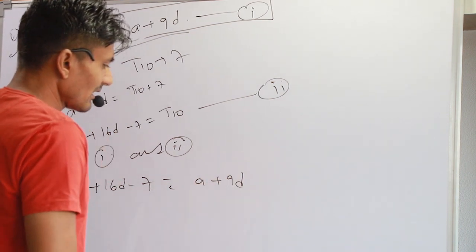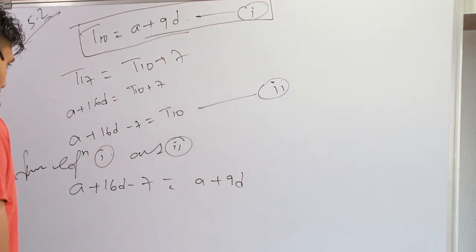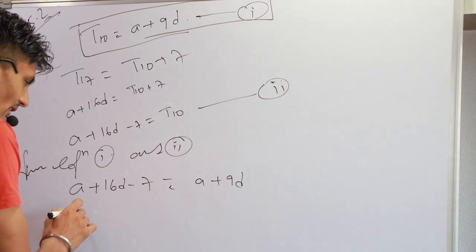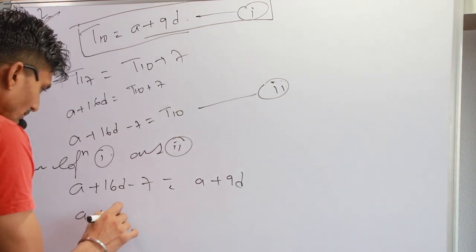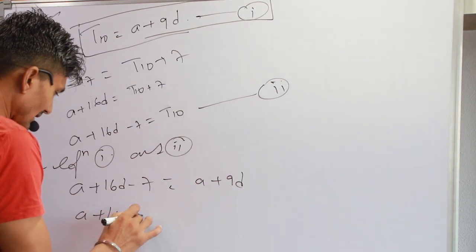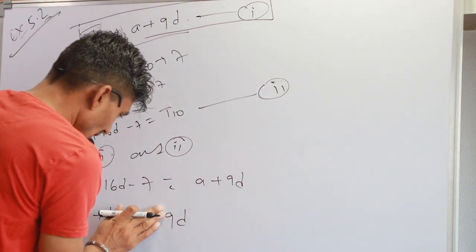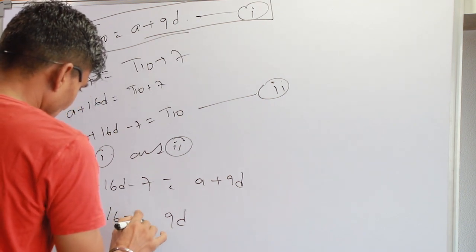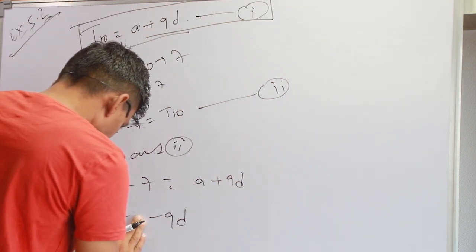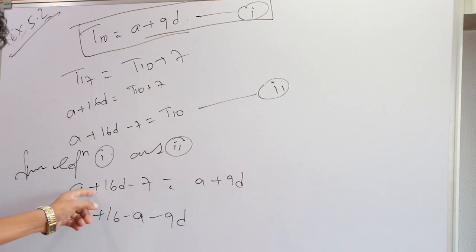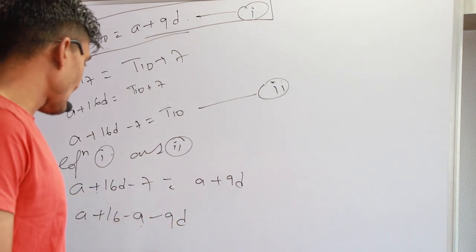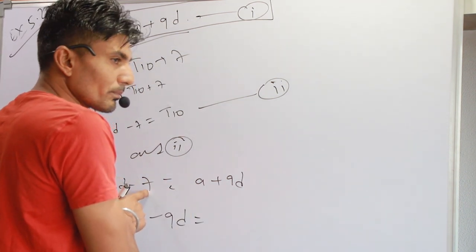So from equation 1 and 2, A plus 16D minus 7 is equal to A plus 9D. Now, if the 9D will come to the left hand side, it will contain the negative sign. Here A plus 16D minus A minus 9D equal to 0 plus 7.